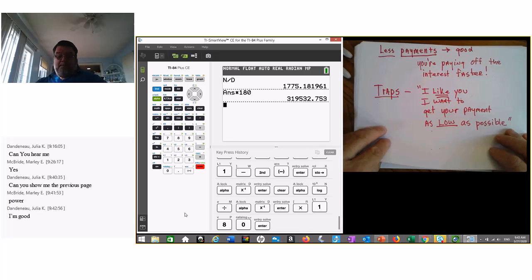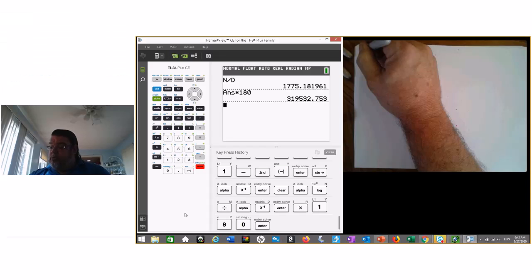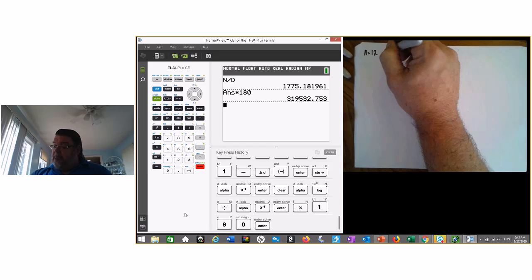Okay. So I'm gonna rewrite everything. I'm gonna let y'all work while I rewrite and get my next page up to snuff. N is equal to 12, and P is equal to 170,000.